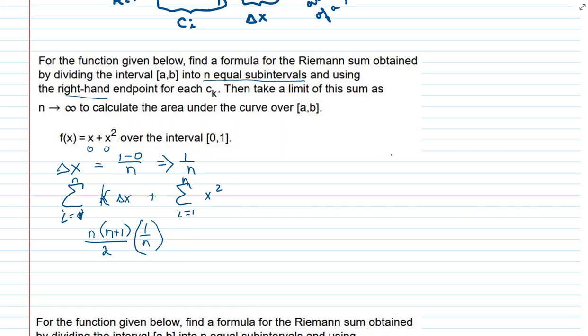I changed it to i, so I left the x in there. The book uses k. All right. So, and that's our delta x, because we want that area. And now we have this guy, all right? And we're multiplying this times that.